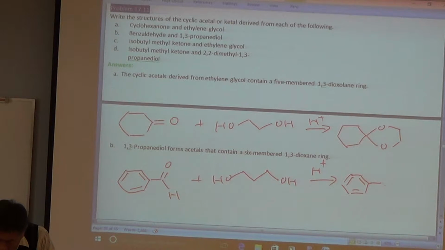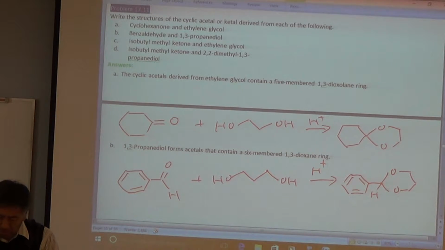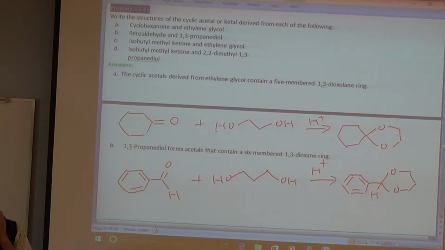This C here will still have this H. In addition to that, now this cyclic acetal has 3 carbons from the diol, 2 oxygens from the diol, then 1 carbon from the benzaldehyde.